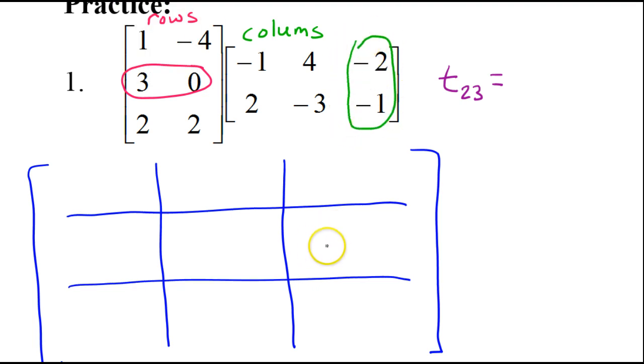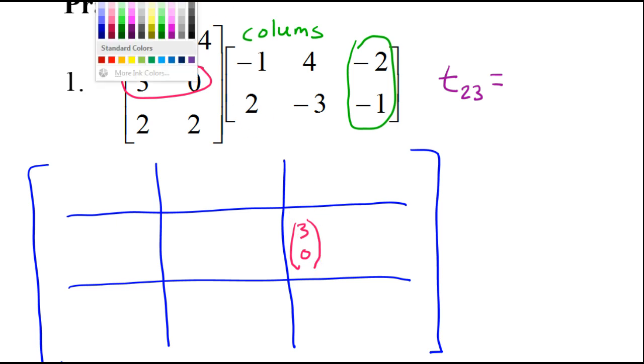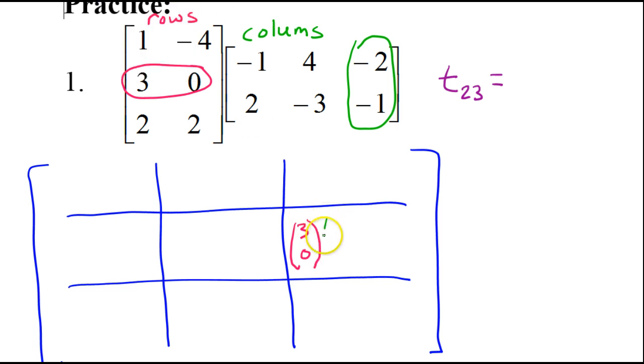And that would give me the element in the product matrix that is in the second row and in the third column. So I would multiply 3 and 0 times -2 and -1.